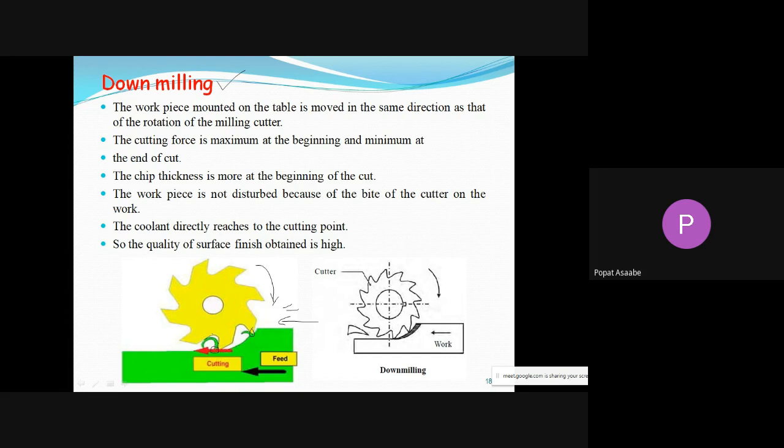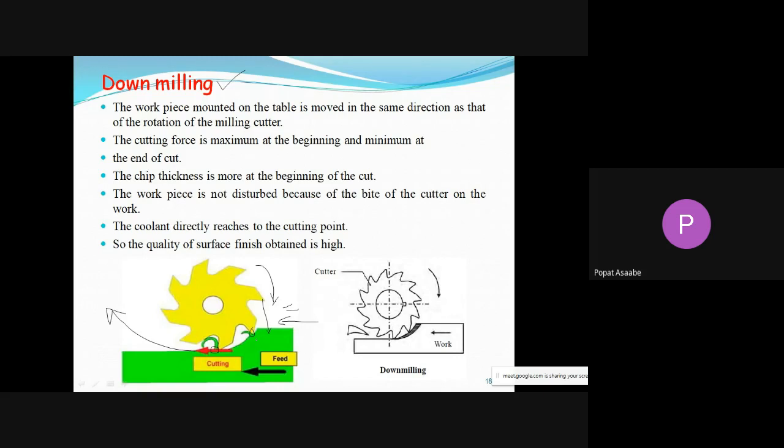Here in down milling, we can easily pour the coolant on the cutting edges, so it will produce a good surface finish. And down milling does not create an upward force. Instead, it creates a downward force on your workpiece, so good clamping is not necessary.